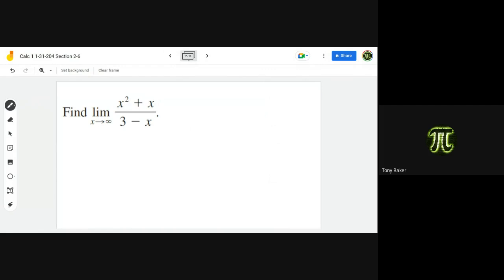All right. What's this one going to go to? Does not exist. Why? Because the degree of the numerator is greater than the denominator. Okay. So what's the limit going to? I didn't ask what your horizontal asymptote was.